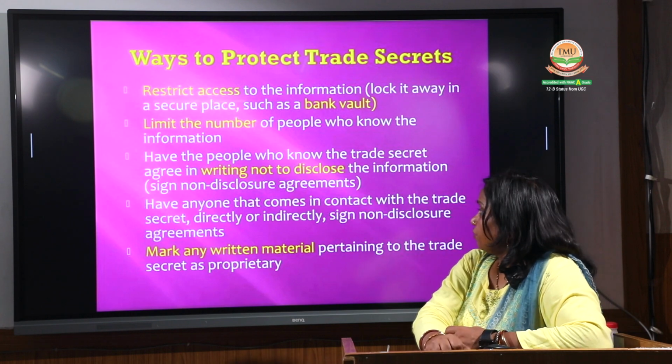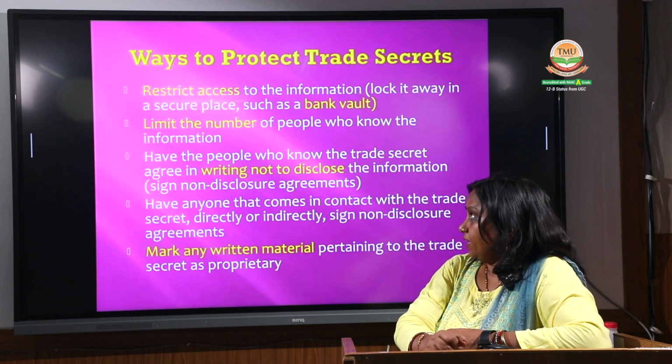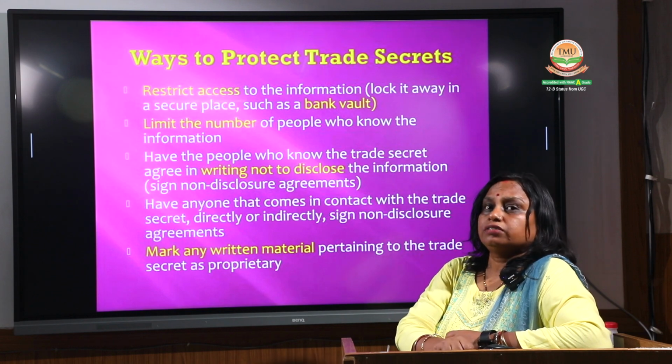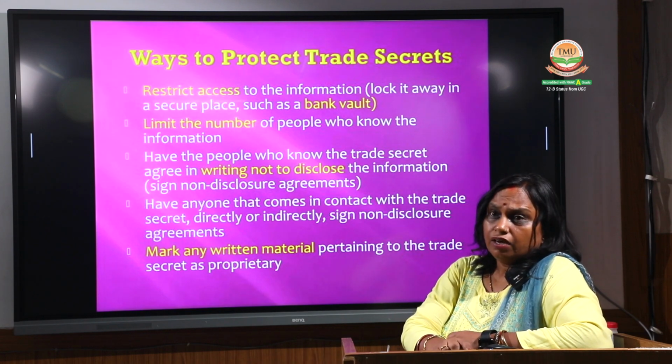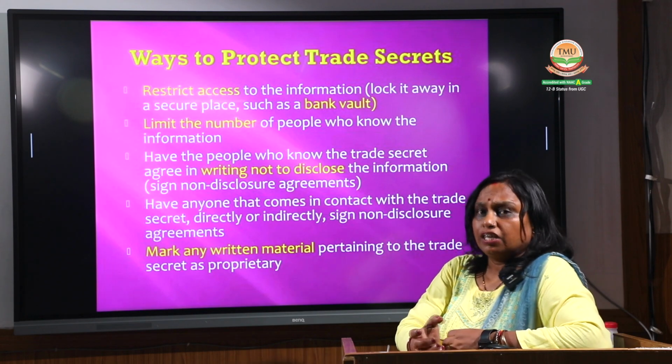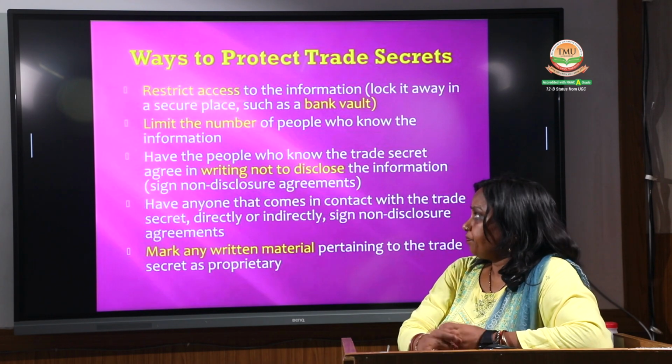Like logging it away in a secure place such as a bank vault. So everybody cannot use that. Only those people who have the key or have the access to that particular information.